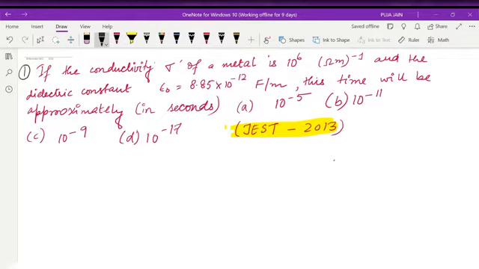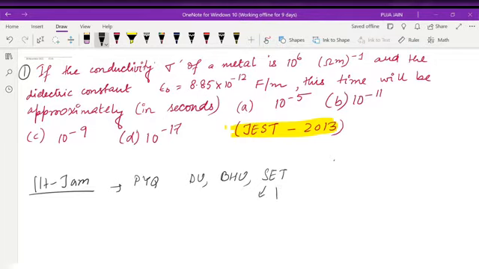If you are preparing for IIT JAM, then also solve PYQs of the DU entrance exam, BHU entrance exam, and SET exams like Gujarat SET, West Bengal SET, Maharashtra SET. Different states have their own exams. You can solve those papers. It will be very helpful because from there we can understand how the questions are framed, and you can also get common questions from these papers.